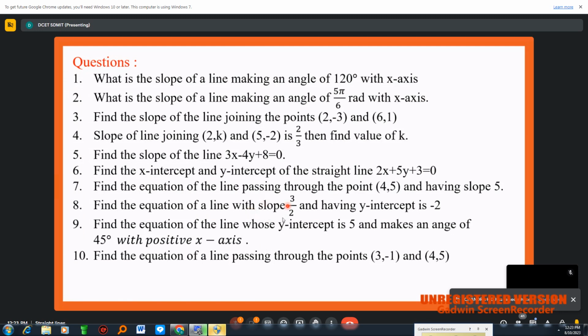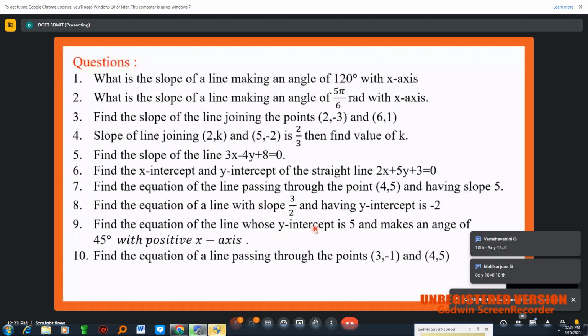So others, are you solving? Tenth one, 5x minus y minus 9.